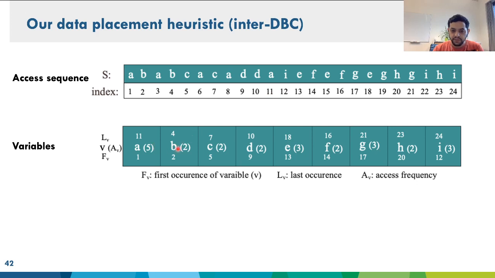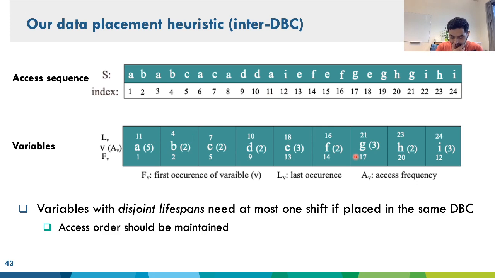The same is for B, C, D. Based on this information, we found that variables which are disjoint in their lifespans, if you separate them from the list of all variables, you can significantly reduce the number of shifts.